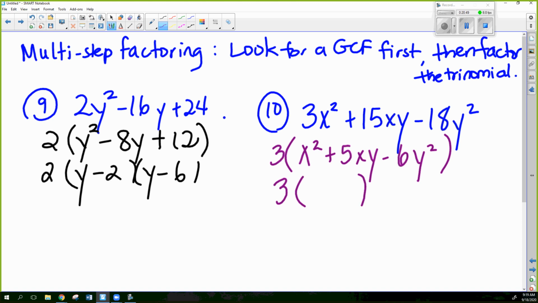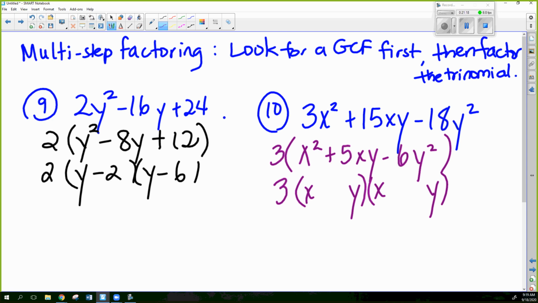And then I'm going to set up my double parentheses. Well, what's going to go in the front of each? How am I going to get that x squared? Put an x in the front of each. So how do you think I'm going to get the y squared in the back? Put a y in the back of each.